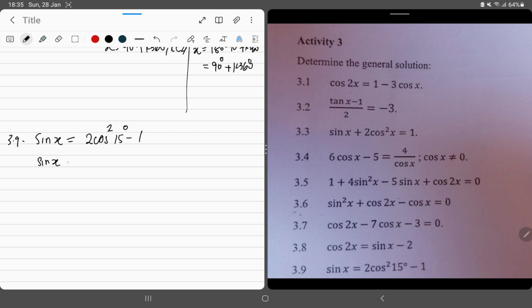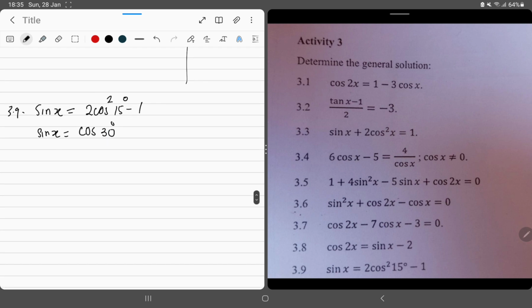So sine of x is equal to cos 30 degrees. And then this is a special angle, so I can just find the value of this, and then I'll work in quadrants where sine is positive. So sine of x is equal to cos 30, that's root 3 over 2.